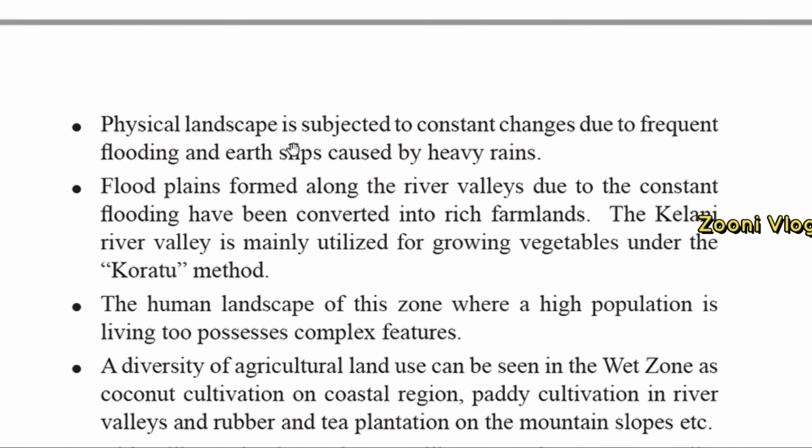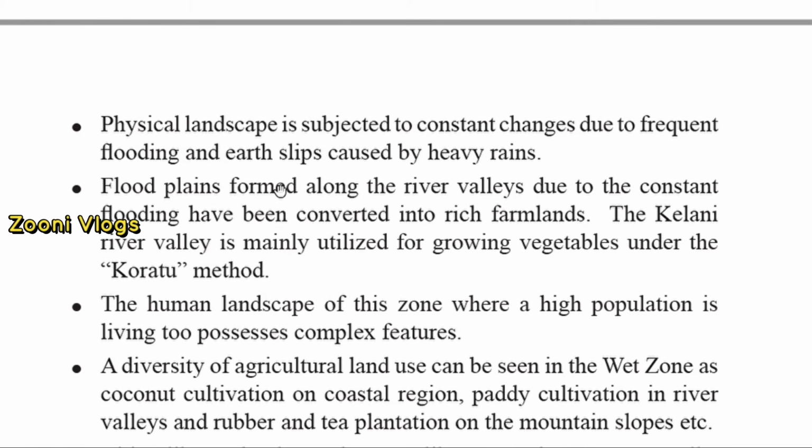The physical landscape is subject to constant changes due to frequent flooding and earth slips caused by heavy rains. This area usually gets heavy rains, so frequent flooding and earth slips are very common.